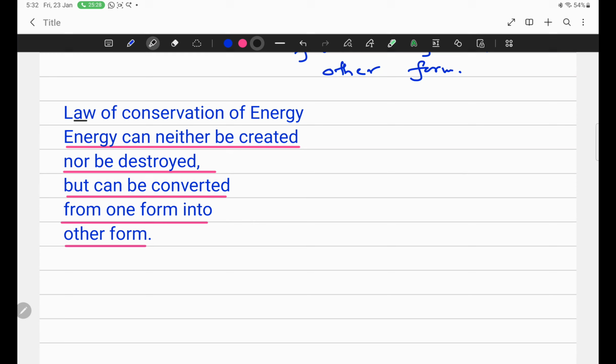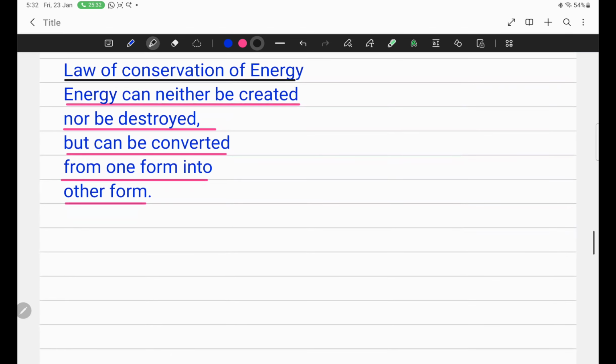But, sir, in daily life, we produce electricity by generator. Then how do you explain that a generator is producing electricity and now you are saying energy cannot be created? Sir, what does it mean? Actually, a generator is not producing energy. A generator is converting one form of energy into the other form of energy.